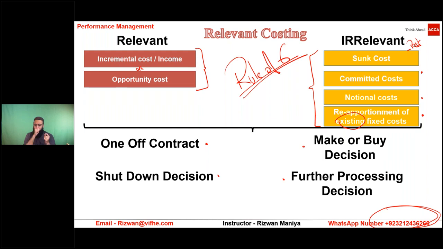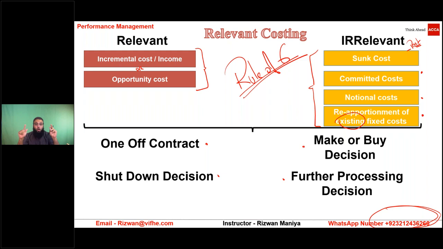I have a factory and I'm paying the rent here. Now I got one job. Because I'll conduct this job in my existing factory, I am charging a portion of the existing fixed cost to that job, a certain amount.